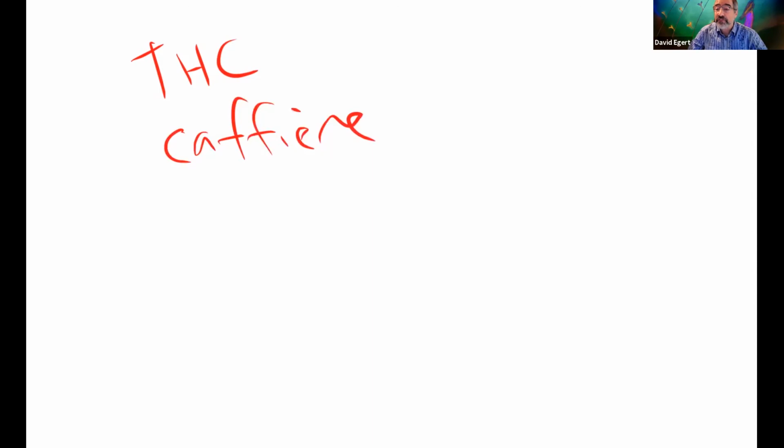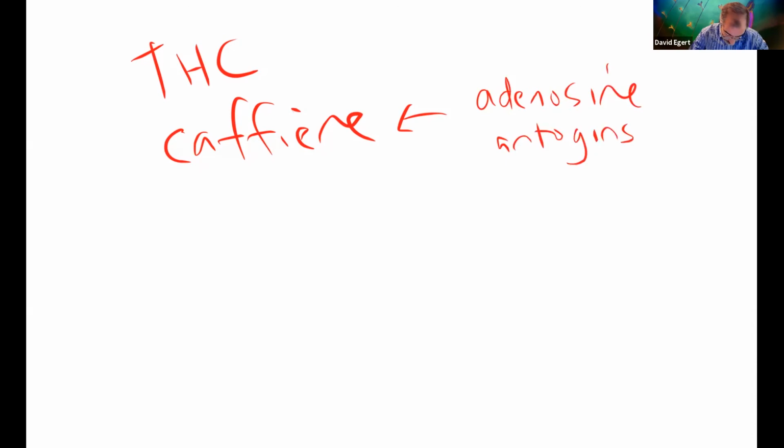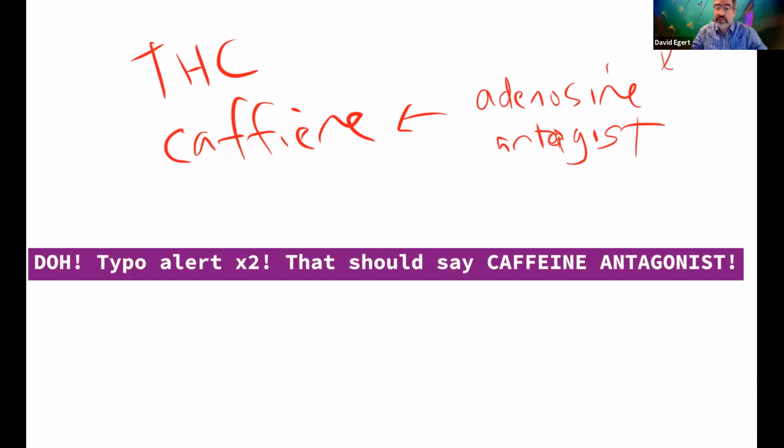Why does caffeine keep you awake? This is an adenosine antagonist. It turns out adenosine, in addition to everything else, is used as a neurotransmitter in your brain, and it builds up as your neurons keep working.